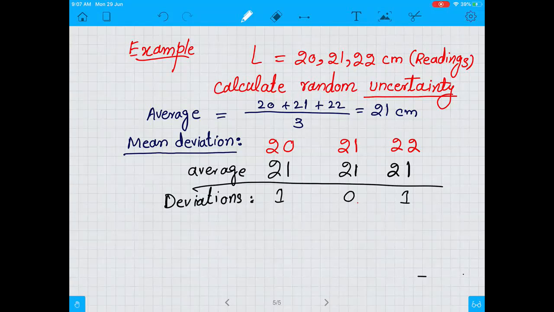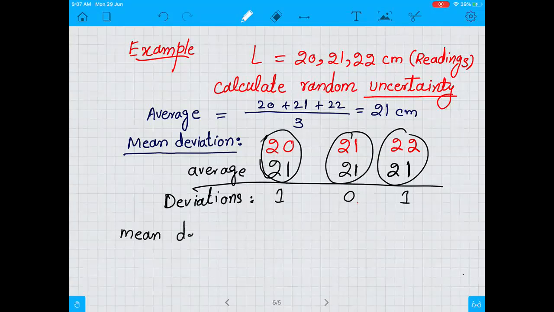Now you calculated the deviation between the individual readings and the average. Now you need to calculate the mean deviation. Here the mean deviation would be 1 plus 0 plus 1 over 3.